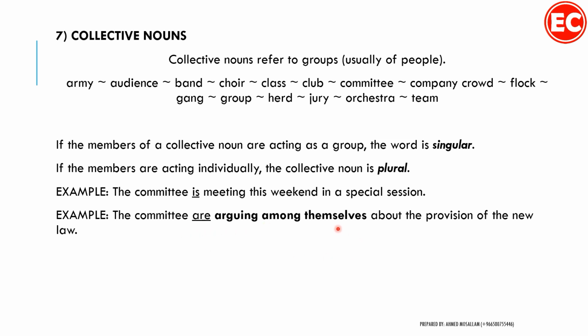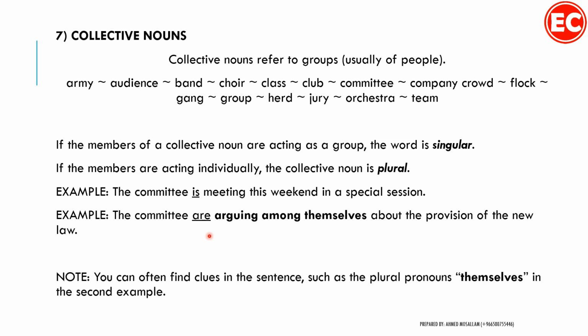Can you see among themselves here, or each other if you found? That refers that they are not on the same page. So it's going to be what? Are here. They work or act individually. Also, you can know this by looking at the words like themselves, other, each other, stuff like this.